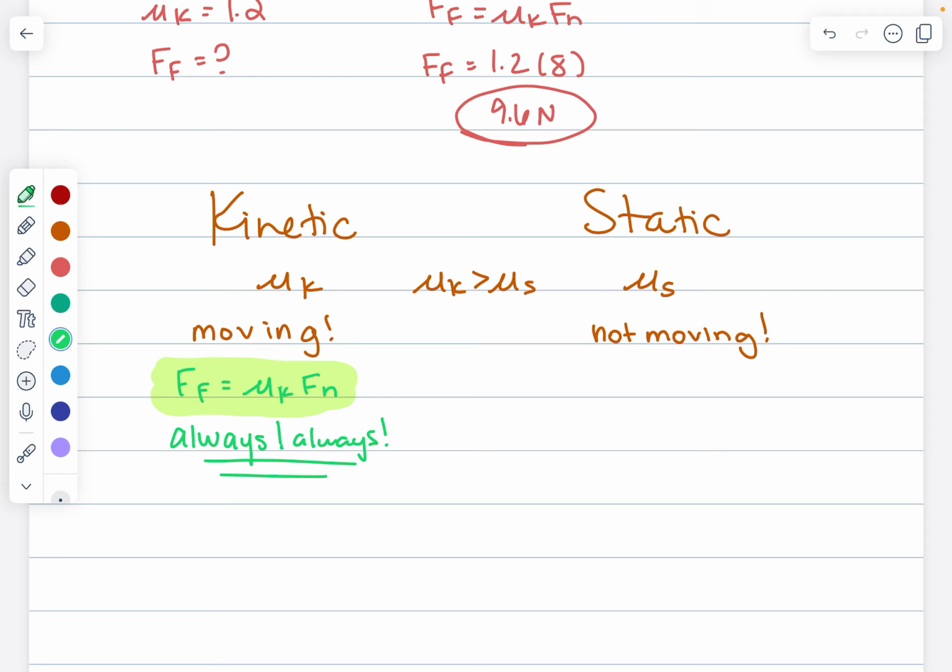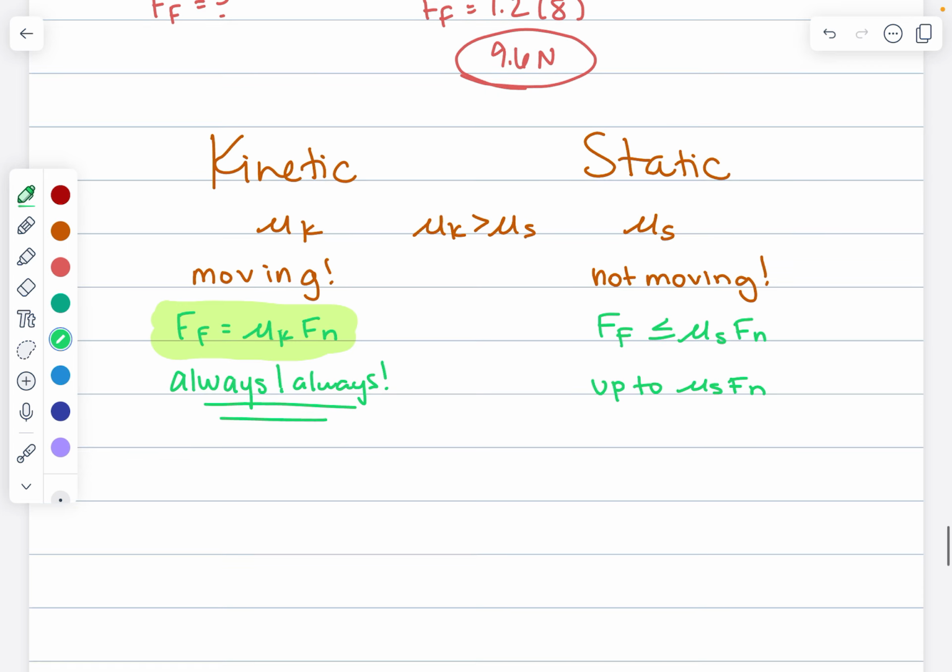For static friction, that's not true. The force of friction could be less than or equal to US Fn. It could be up to US Fn, but it's not guaranteed to be US Fn.